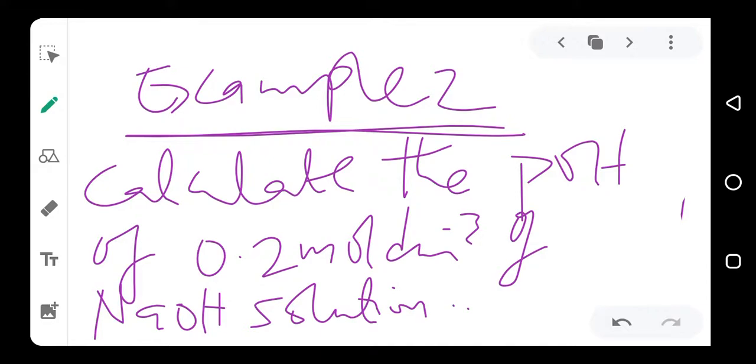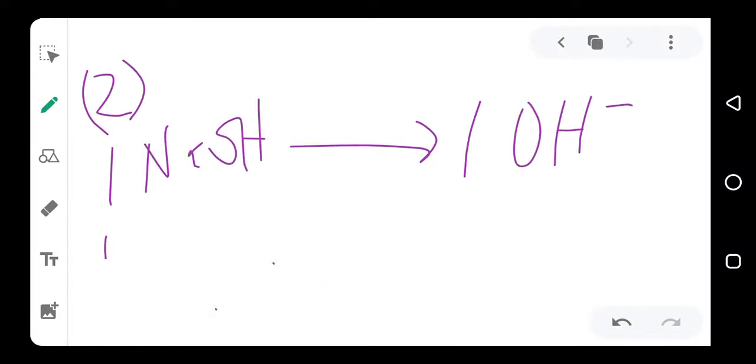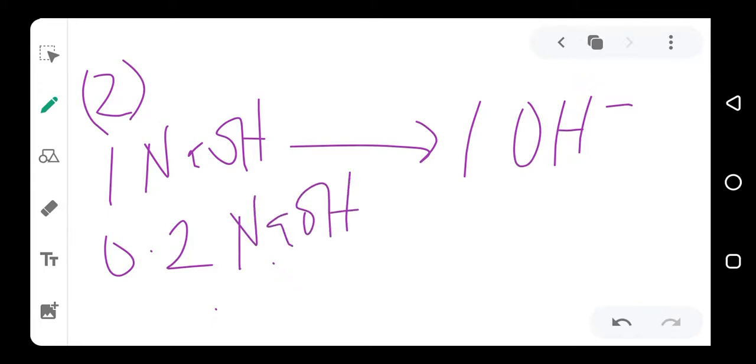So in the question given to us, how many moles of sodium hydroxide is given to us? 0.2 moles per dm cube. So we ask ourselves, 0.2 moles will now give us what? 0.2 moles of sodium hydroxide will give us, let's call it X of hydroxyl ion.